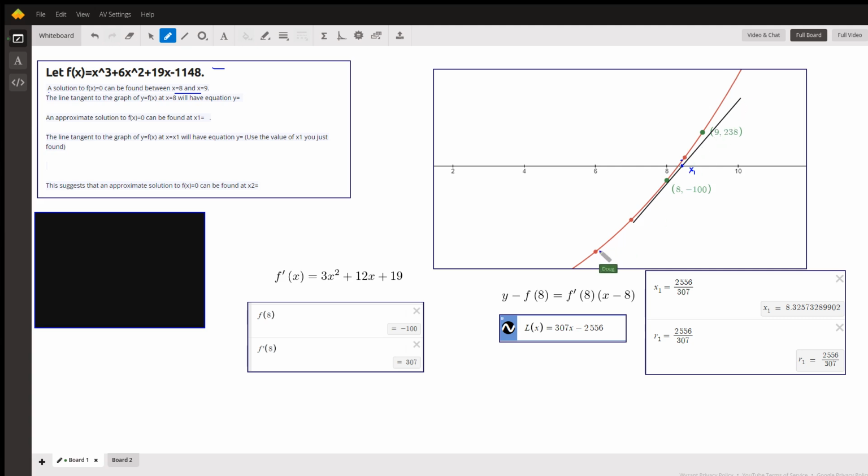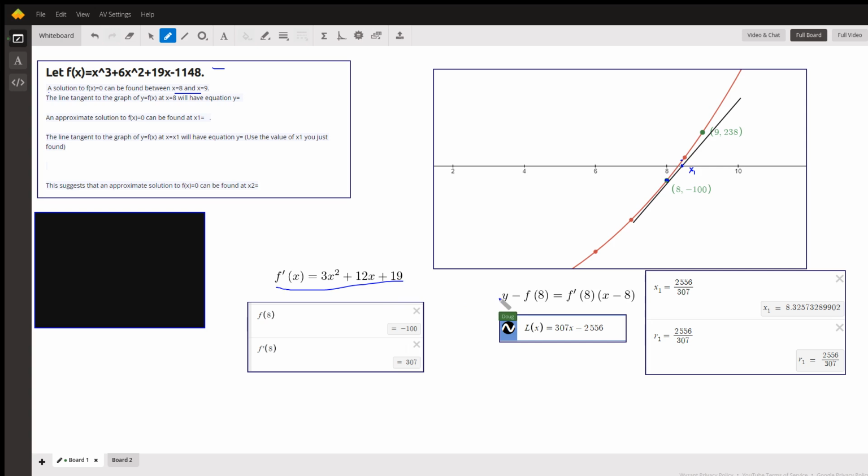This is actually a portion of the graph of the function from 4 to 10, this red graph. And if we wanted to find the equation of the tangent line at this green dot right here, which is on the function at (8, -100), you have to find the first derivative and then use point slope.